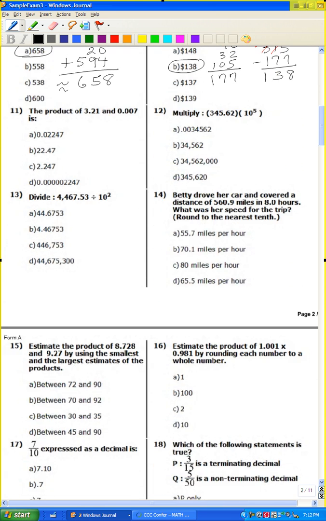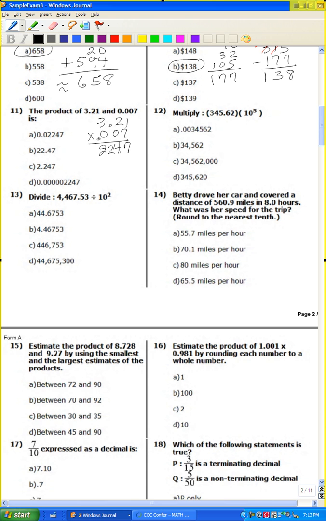Let me do problem number 11. The product of 3.21 and 0.007. So let's multiply. And so I get 7, 14, 22. I have here 1, 2, 3, 4, 5.